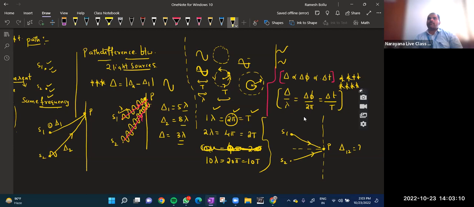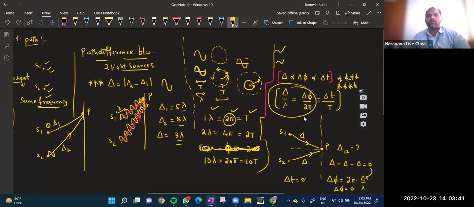Why zero? Midpoint. Here it travels the same path as there, so the path difference is delta minus delta, zero. Then what is the phase difference? Use the formula: 2 pi into delta by lambda. Substituting delta, the phase difference is also 0. Similarly, the time difference is also 0.